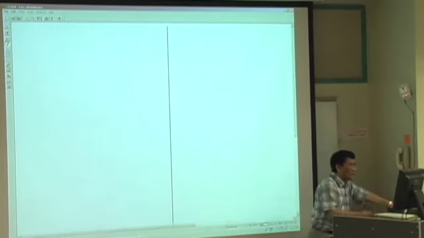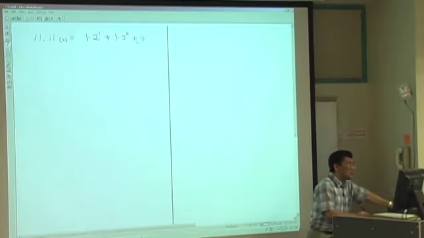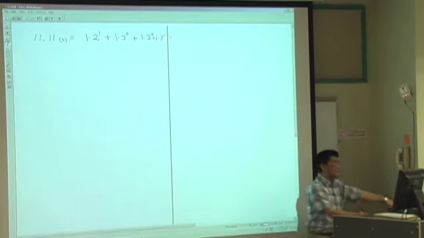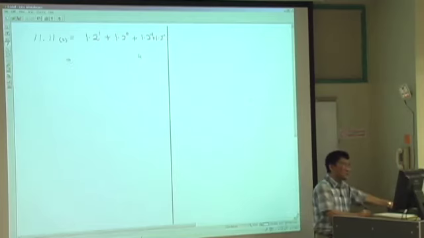When you have 1, 1, 1, 1 with base 2, this means 1 times 2 to the power of 1 plus 1 times 2 to the power of 0 plus 1 times 2 to the power of negative 1 plus 1 times 2 to the power of negative 2. But if we extract 2 to the power of 1, then what happens?